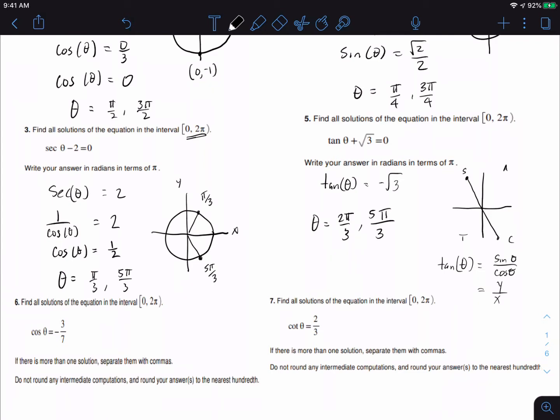So with that radical 3 there, the y should be negative radical 3 over 2, and x should be 1/2. And that's for quadrant 4, and then for quadrant 2, it should have been radical 3 over 2 over a negative 1/2. So that's how we get our negative sign that's in this problem. Does that make sense to everybody? I just want to make sure that that's being communicated clearly to you.